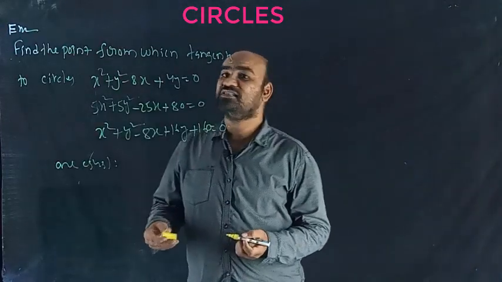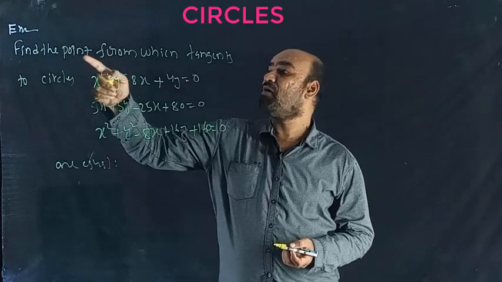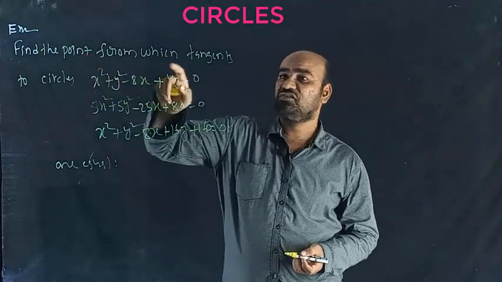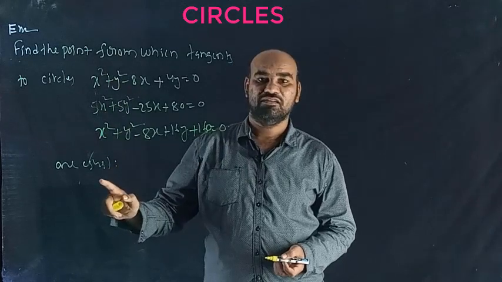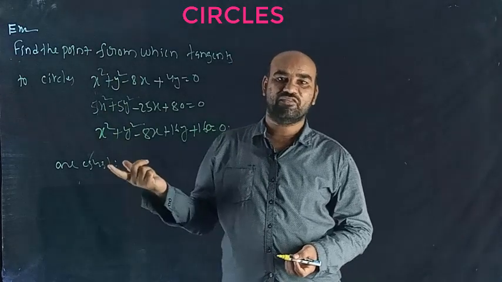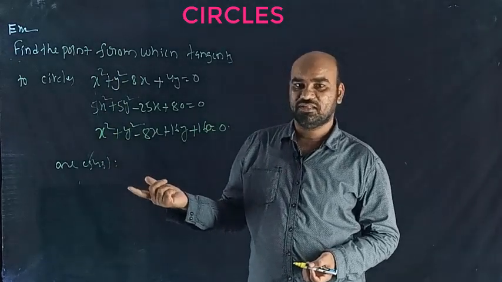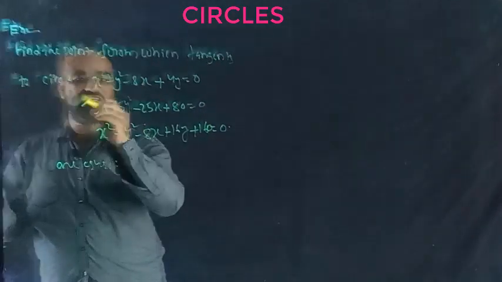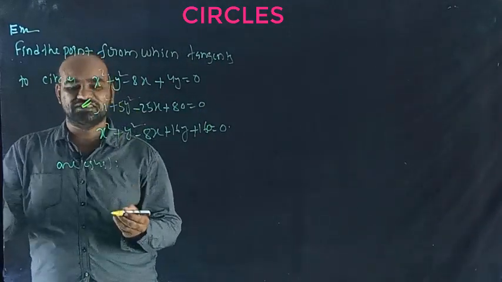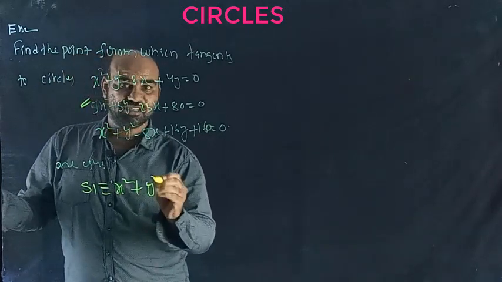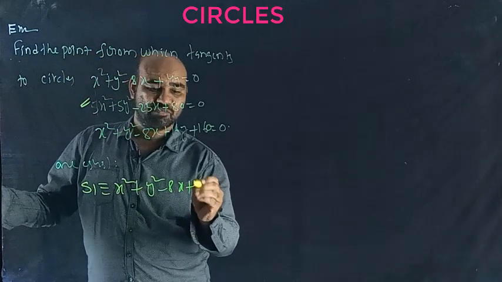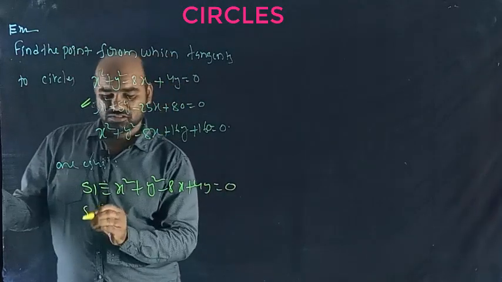Okay students, our example 2: find the point from which tangents to these three circles are equal. Indirectly, we want to find the radical center. First of all, this circle is not in standard form, so I want to write all the circles in standard form. S1 is x square plus y square minus 8x plus 4y equal to 0.